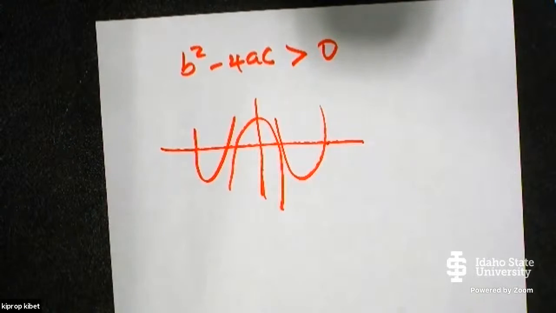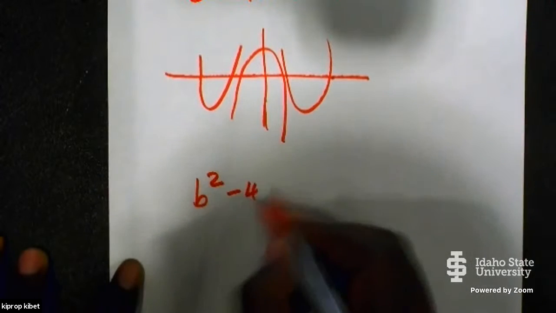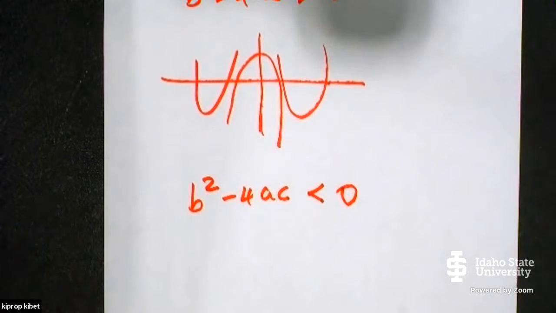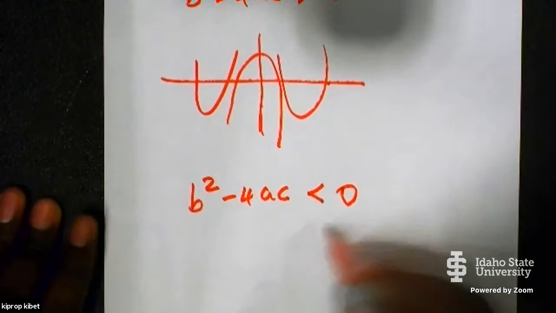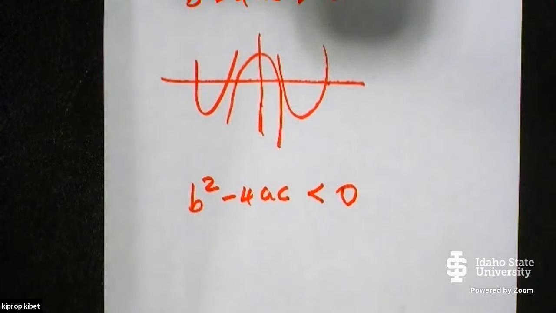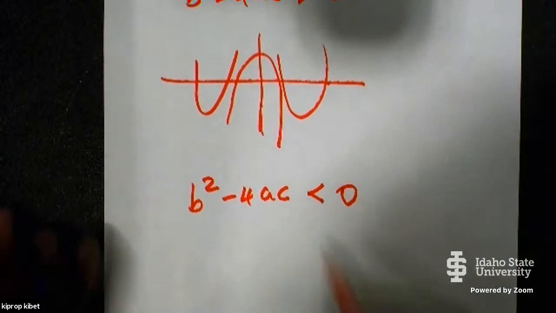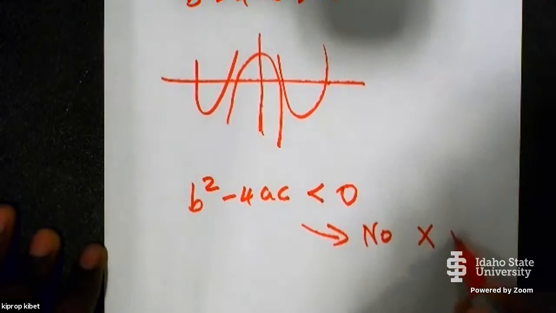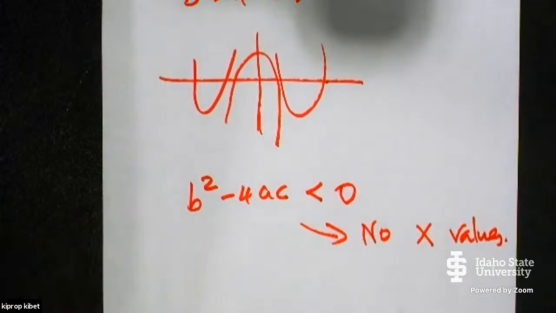Okay? But now, if b squared minus 4ac is less than 0, then if we remember, we were getting complex values, right? So in this case, there are no x values because the x values are not real.